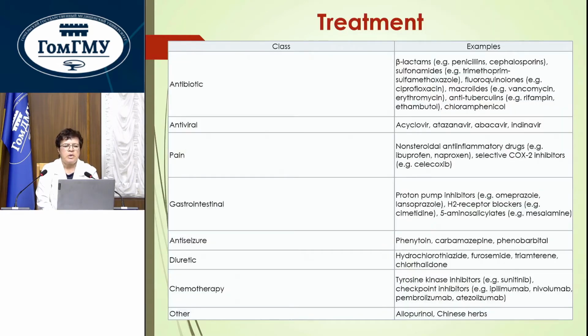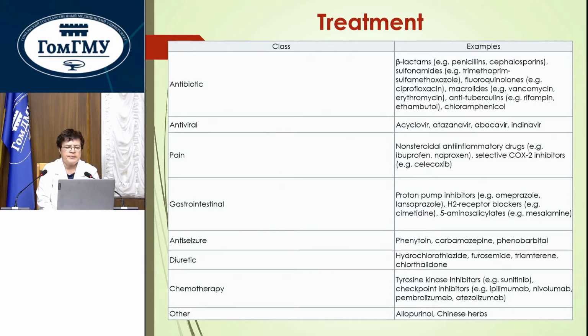Treatment. What is the treatment of pyelonephritis? It is antibiotics. It is antiviral drugs, sometimes, if it's necessary. It is drugs to reduce the pain, non-steroid anti-inflammatory drugs, for example.